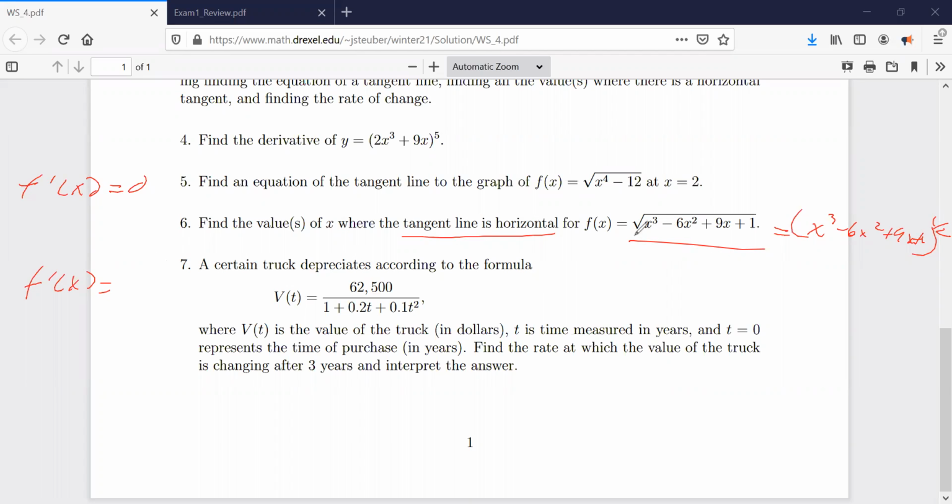So then I do the derivative of the inside, and that's going to be equal to 3x squared minus 12x plus 9. And then I have times 1/2, and then times this guy to the negative 1/2, because it's 1/2 minus 1.